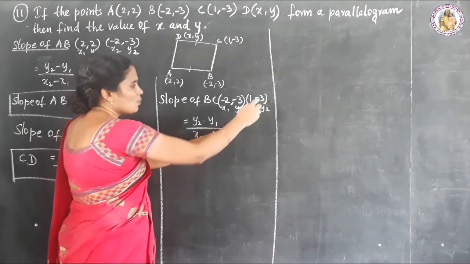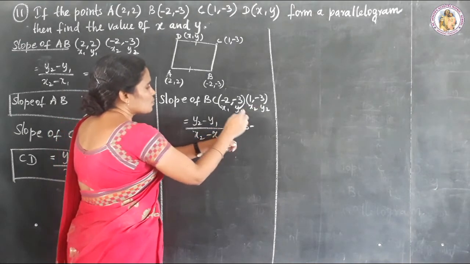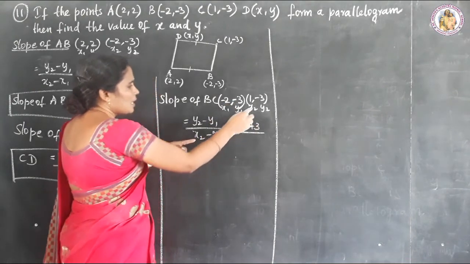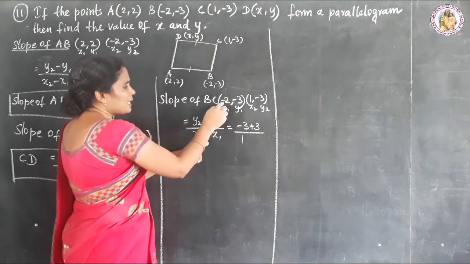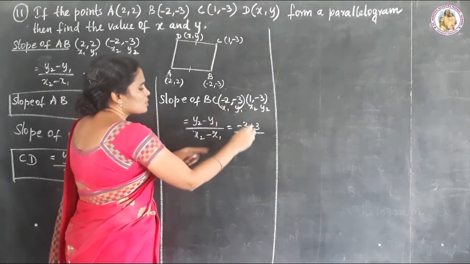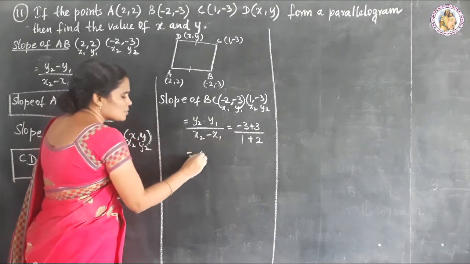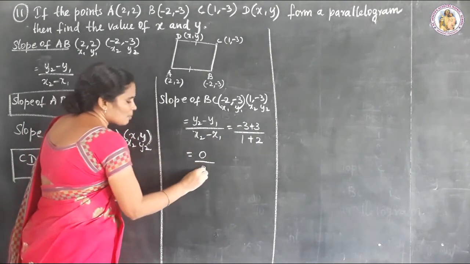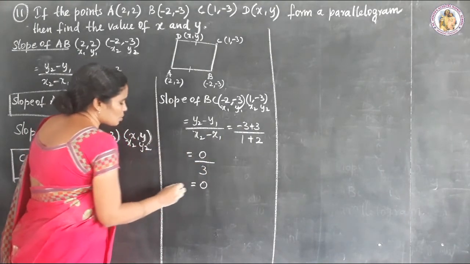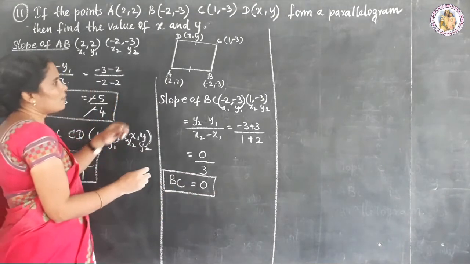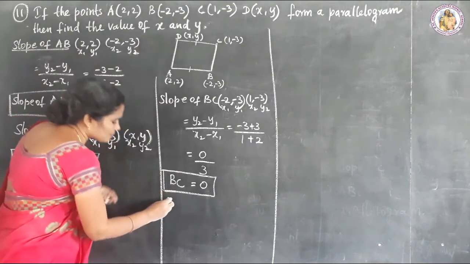So y2 is minus 3 minus y1 which is minus 3, minus 3 becomes plus 3, divided by x2 minus x1, which is 1 minus 1, that is 0. So the slope of BC is 0.